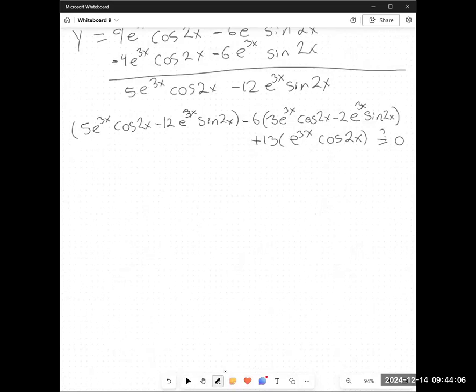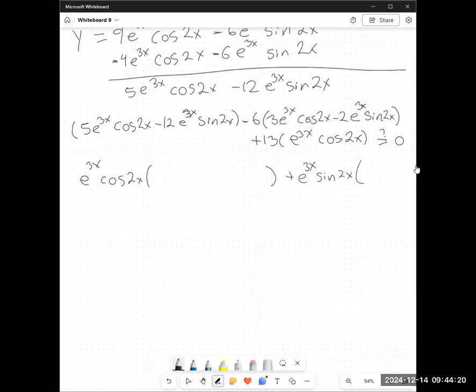So let's look at the fact that we have some e to the 3x cosine of 2x terms, and we have some e to the 3x sine of 2x terms.